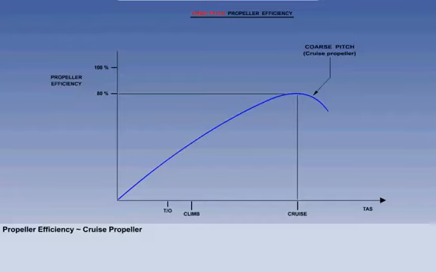It makes most sense to use a fixed-pitch cruise propeller, as most aircraft spend most of their flight time in the cruise. Unfortunately, a fixed-pitch cruise propeller is not very efficient at takeoff speed or climb speed, so use of a fixed-pitch cruise propeller is a compromise.